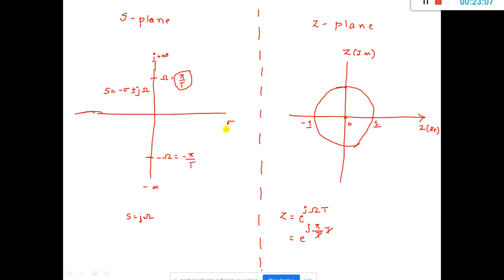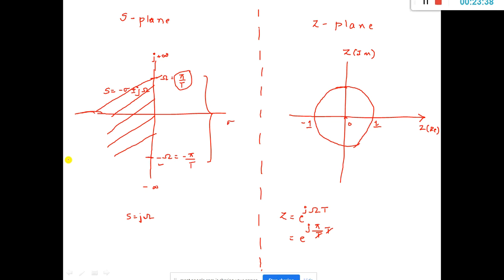T and T get cancelled. I am trying to map this frequency on the z plane, hence I am replacing omega by the pi by T value, because that is the range of my frequency actually. So this is the maximum value in the positive direction, and this is the maximum value in the negative direction. So all my frequencies lie within this particular range, right?